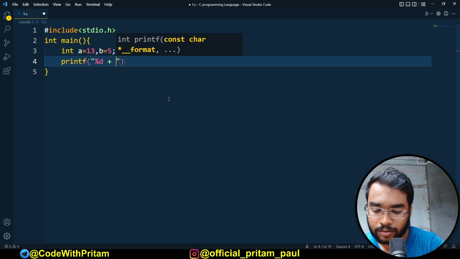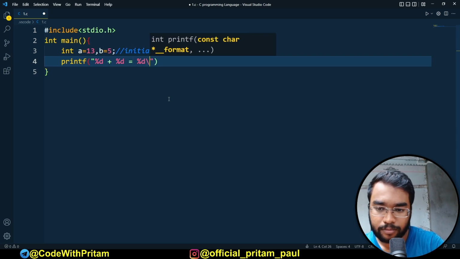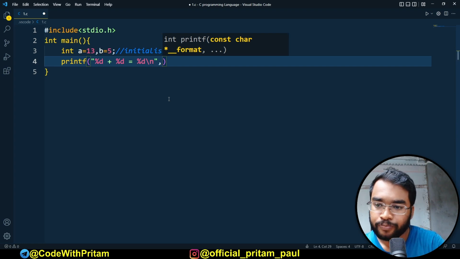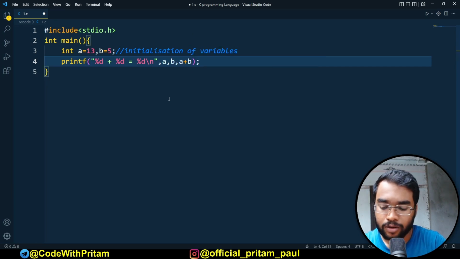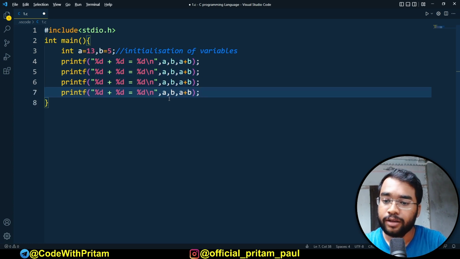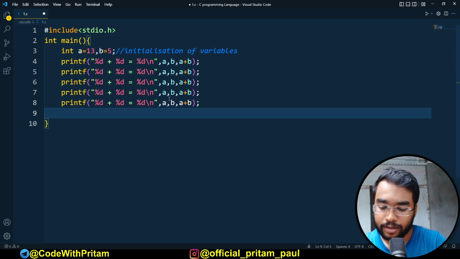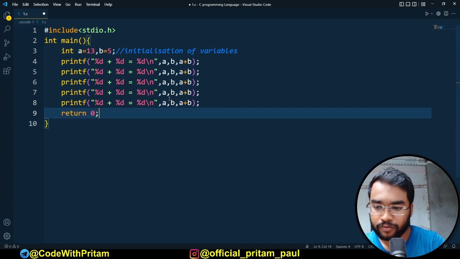Now if I write printf, %d plus %d is %d backslash n, comma a, comma b, comma a plus b. Now I am pressing Shift, Alt and the down arrow button to copy it four times, and then return 0.